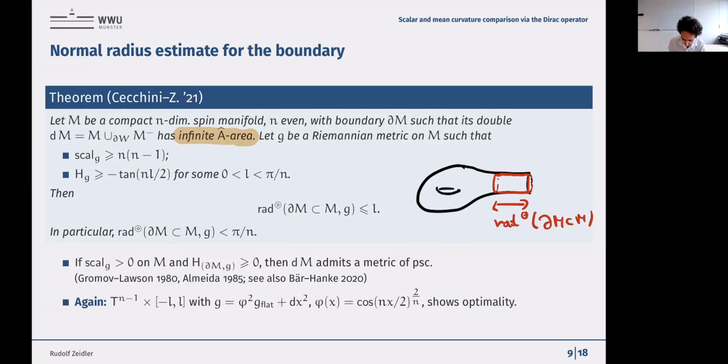Examples of manifolds with infinite A-hat area include, for instance, enlargeable manifolds like the torus.